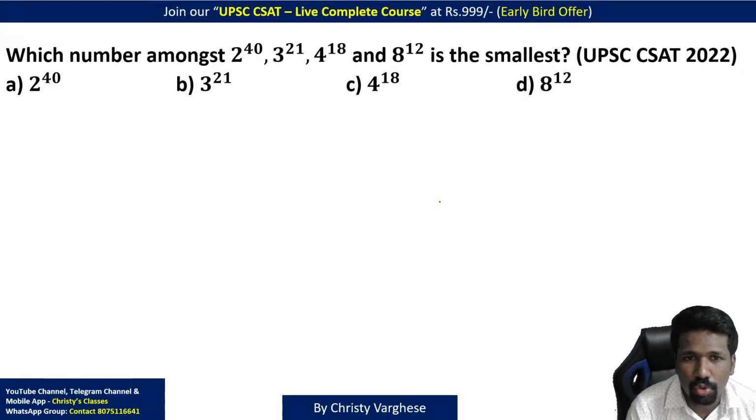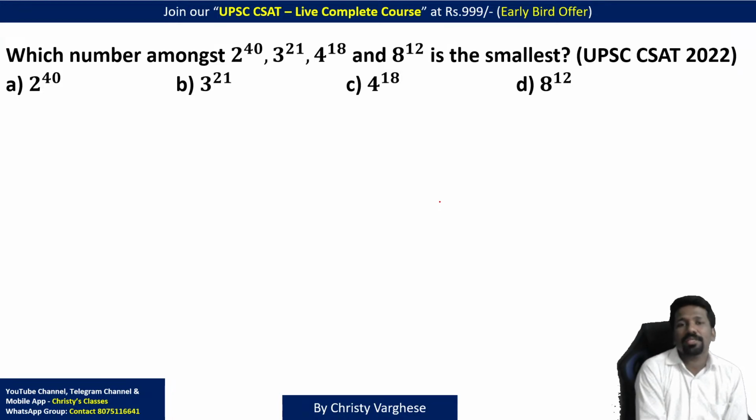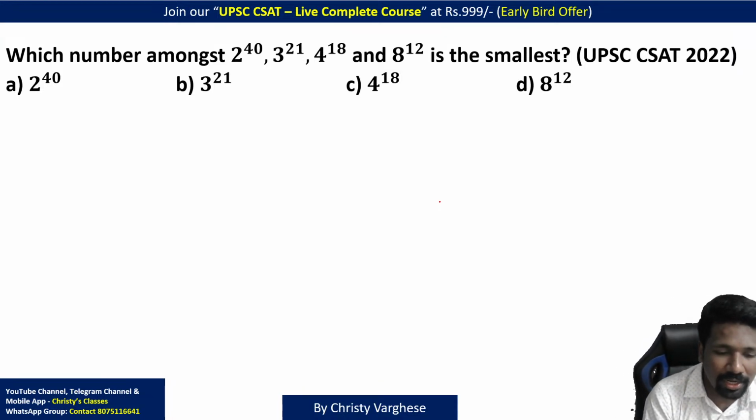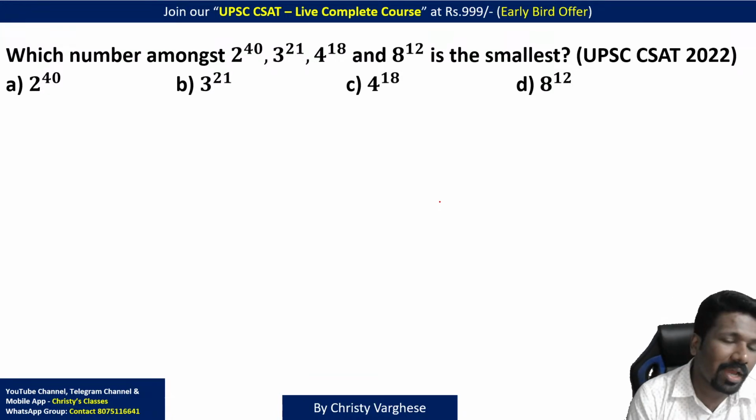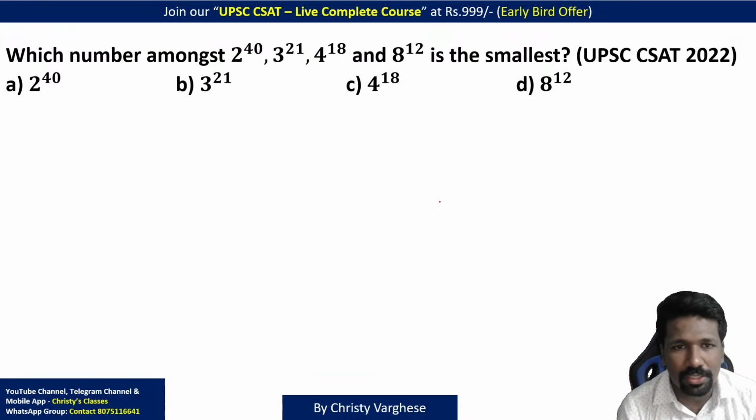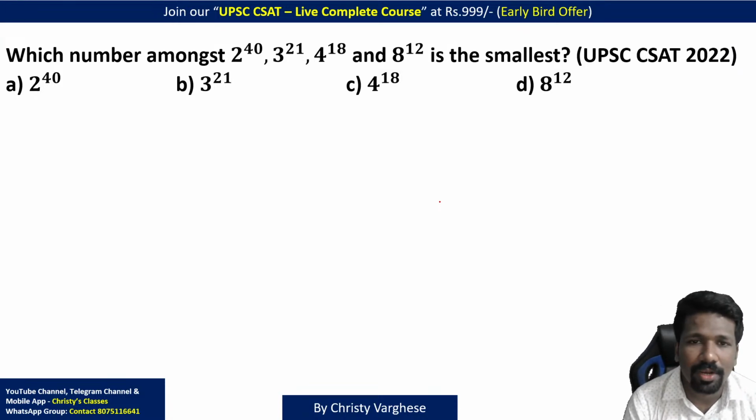Very limited school math is important for UPSC CSAT, but we misunderstand that school math is more important rather than the logic or the way you understand a question. Problem solving skills, time management, these things are more important than the rote learned formulas of school math. Some formulas are needed, for example the mensuration chapter: perimeter, area, volume. Some basic formulas you should know.